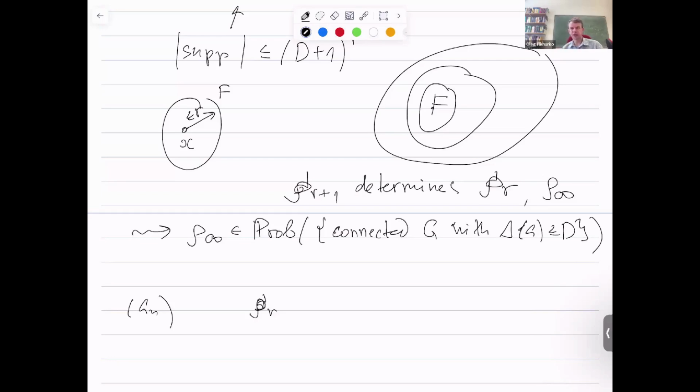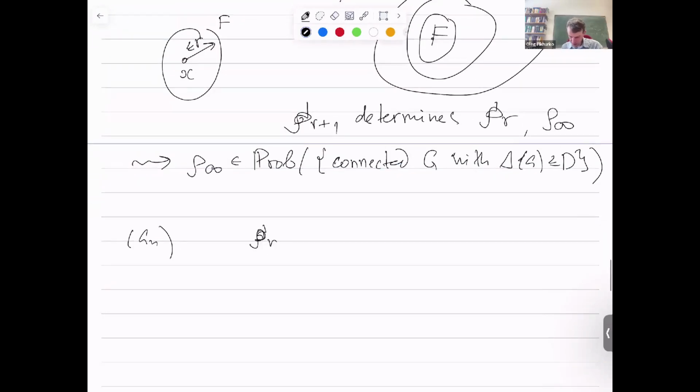Here you have to be a bit careful. If your support is countable, it's fine. But this set in general is uncountable. You might have continuum many non-isomorphic graphs G. Then you have to be more careful about what the measurable events are, but I'll just ignore these issues. There's a well-defined way to define this rho infinity.